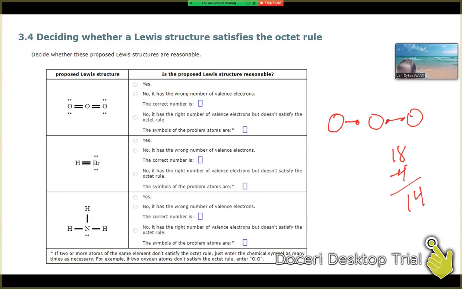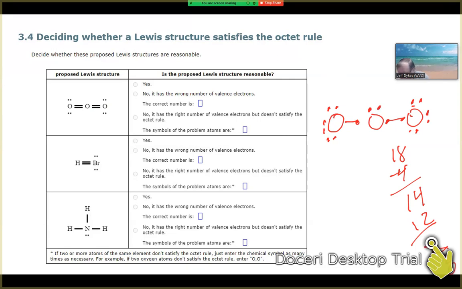Then I fill out the outer atoms, 1 through 12. I used up 12, so I have 2 remaining, and those can go to the central atom. So I put 2 here, and then I have none left.